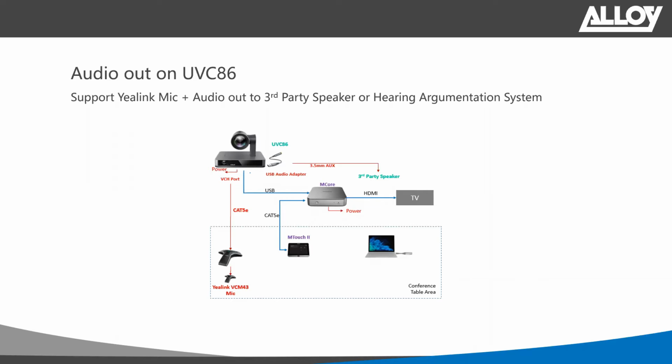Now, the UBC84 does have a 3.5mm audio jack, so we don't need that third-party USB audio adapter. We can connect directly from the audio out jack on the UBC84 camera to our third-party speaker solution.